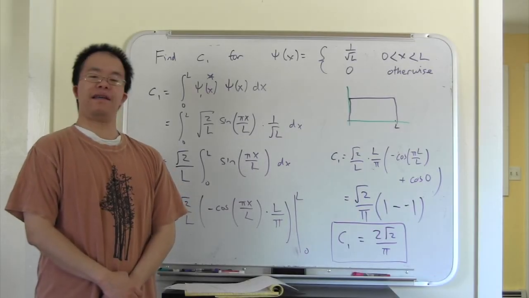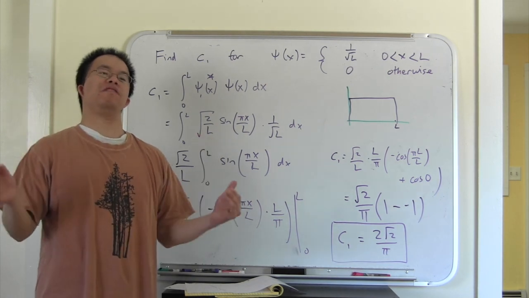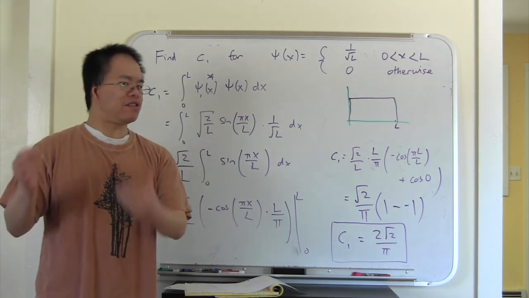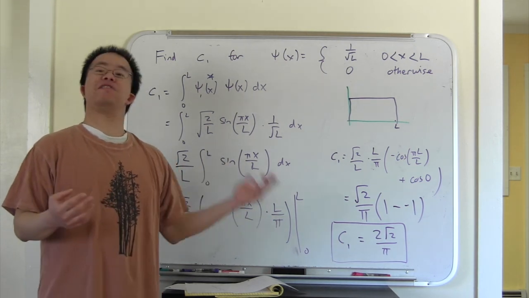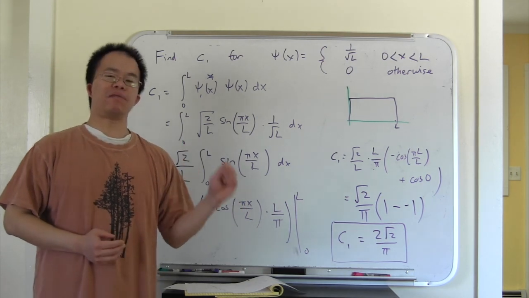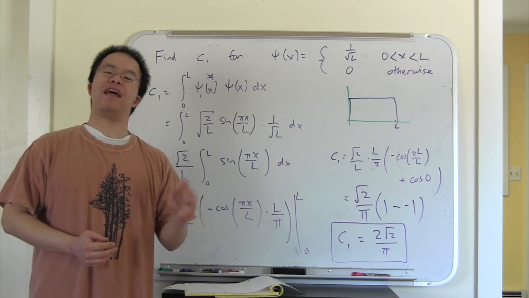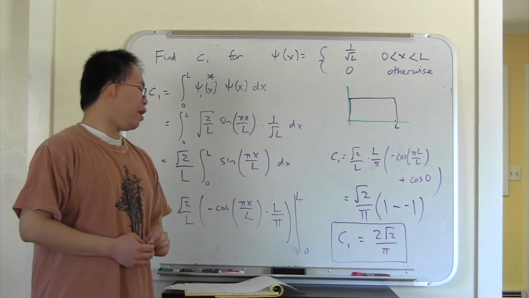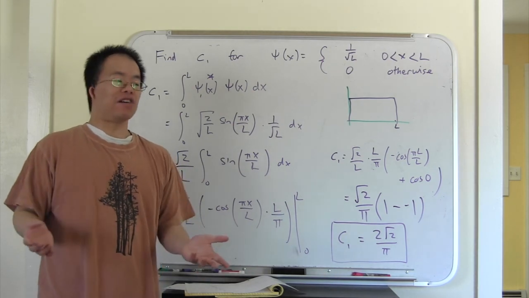So today we've seen a really powerful analogy between vectors in R3 and wave functions in an infinite square well. Armed with these tools, next time we'll be able to definitively answer the question, what happens to an arbitrary initial wave function?